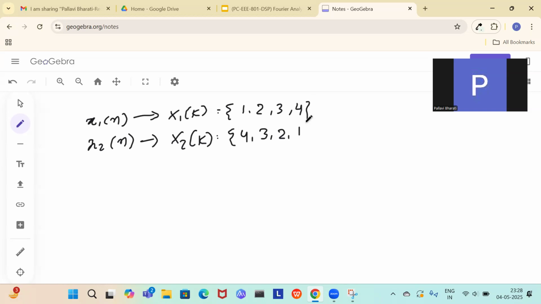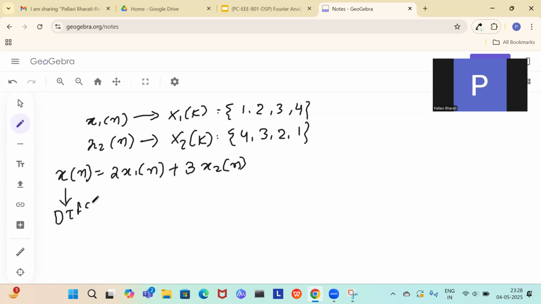The question that they are asking you is, if you combine these two in this manner, that 2 times x1 of n plus 3 times x2 of n, then what will be the Fourier series coefficient for this x of n? You have to find out the DTFS of x of n.